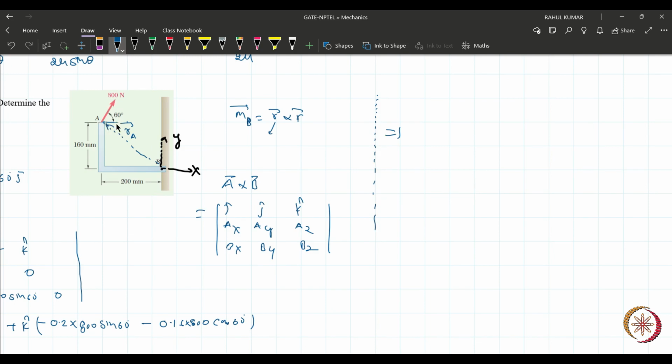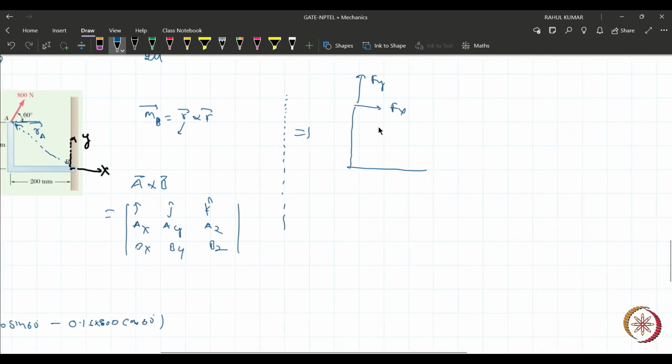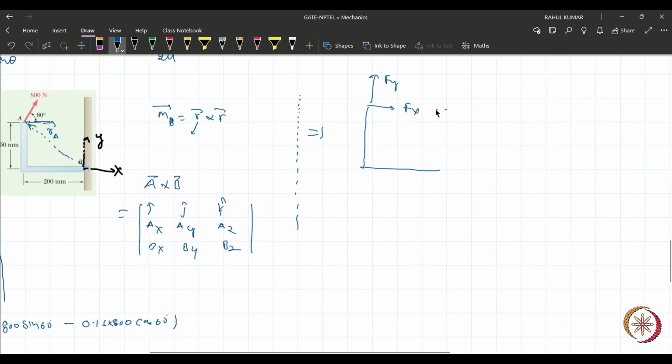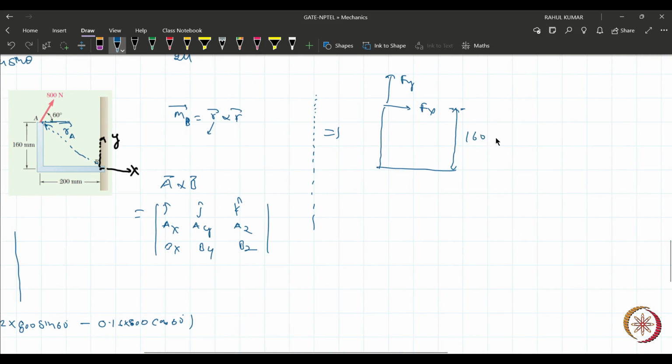Actually, first resolve it. That is the situation, right? Fx, and that is Fy, right? By using this force, what will be the perpendicular distance? This one, and that is nothing but 160 mm, equal to 0.16 meter.